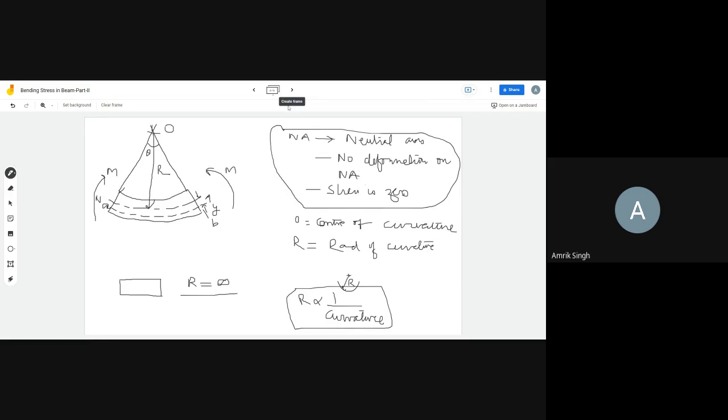We have considered a beam which is subjected to a bending moment. M is the bending moment. Because of this bending moment, this beam takes this shape and it subtends an angle theta, and R is the radius of curvature. So we consider a layer AB which is located at a distance y from the neutral axis.